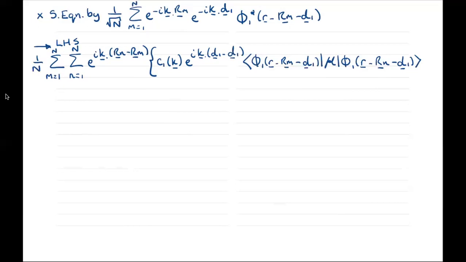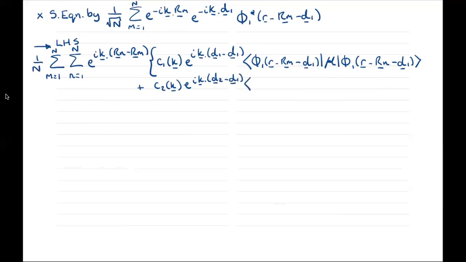Let's write down the term from the second atom. So plus c2 of k, e to the i k dot, this time we have (d2 minus d1).